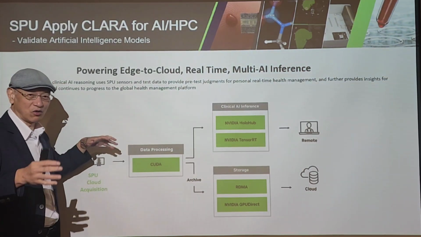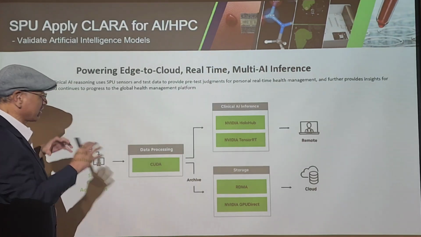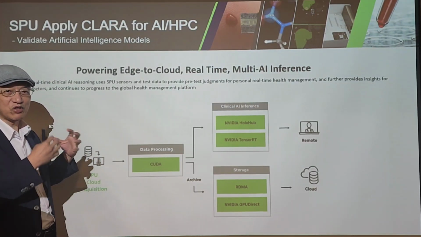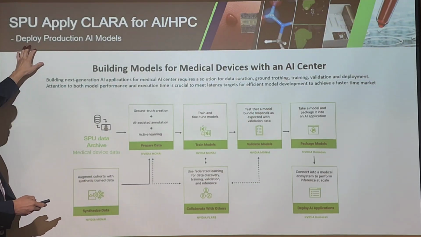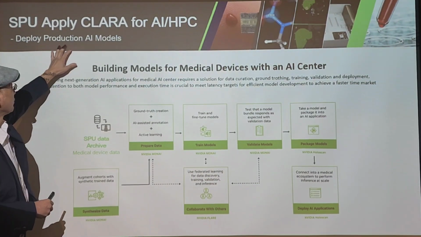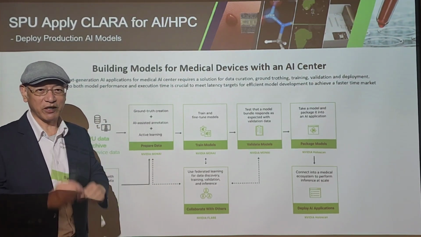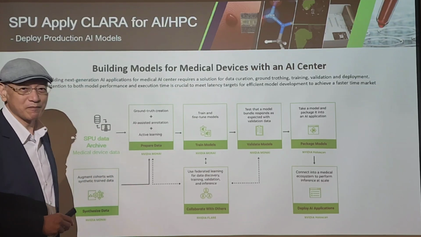So we cooperate with many hospitals in Taiwan to test how efficient it is. If it reaches a very high accuracy, then the next step is to deploy the model and put it in real application. So that's sort of three major steps.